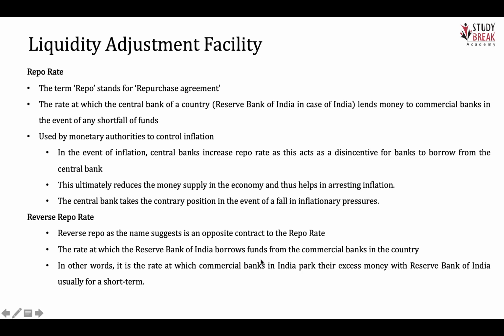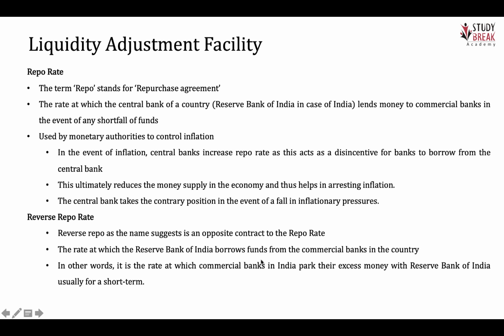The banks will not wish to borrow from the central bank. What happens because of this? Banks have a low amount of liquid money, that is cash, or mainly cash. So it will have less cash. So it will be able to fund investments less, and it will be able to lend money to consumers or investors less. As a result, this will arrest inflation.